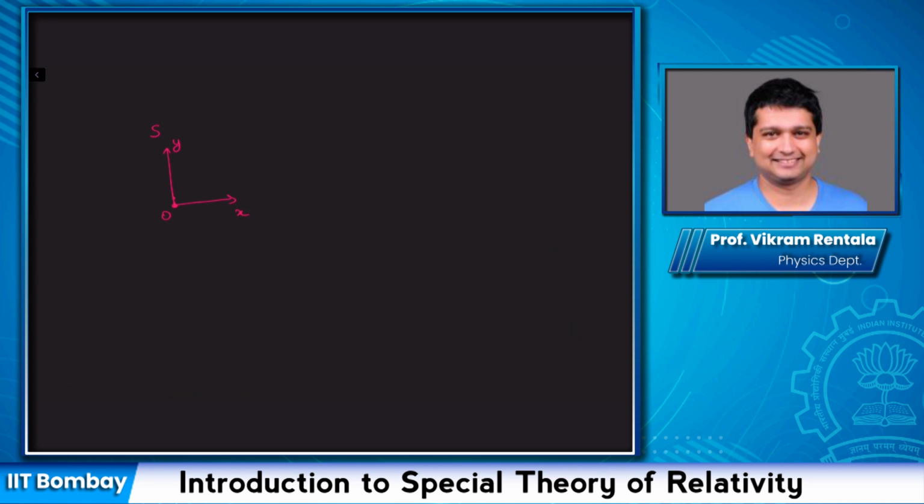Let's suppose that we detect two events at the same time t, and these events are seen at location y1 on the y-axis, and another location, let's say minus y1 on the y-axis.